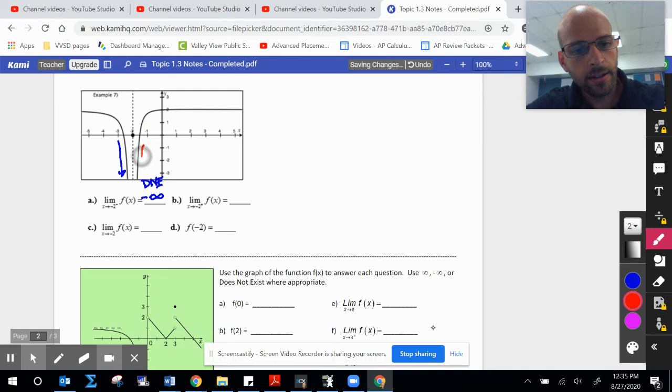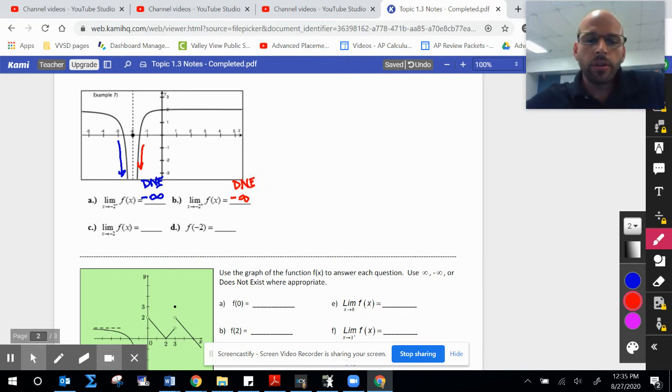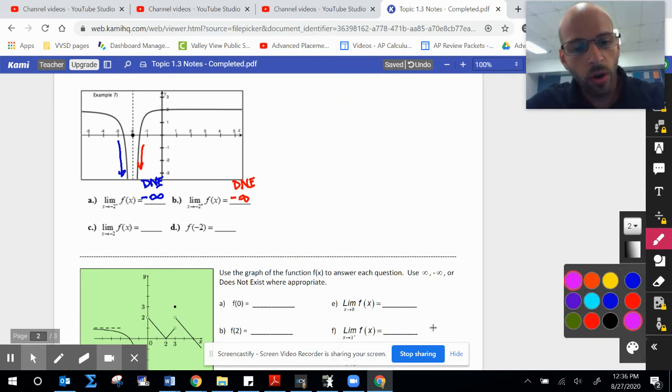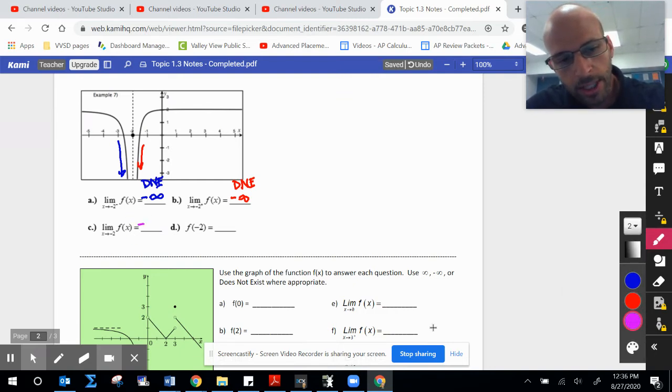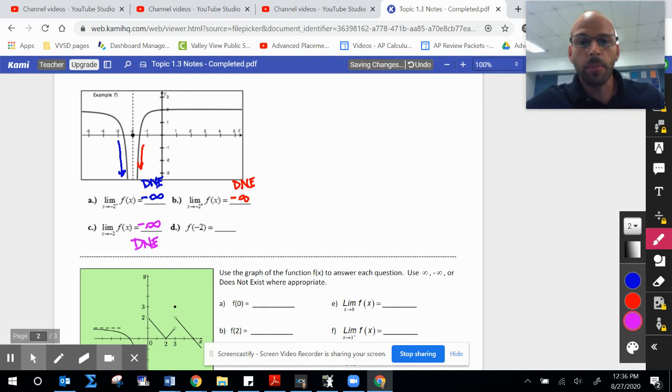The right side also goes down to negative infinity, or you could write does not exist. Now, because both of those are technically going to negative infinity, you could say that this two-sided limit, if you will, goes to negative infinity. But again, because that's not a specific value, it's not a concrete number, you can say it does not exist.